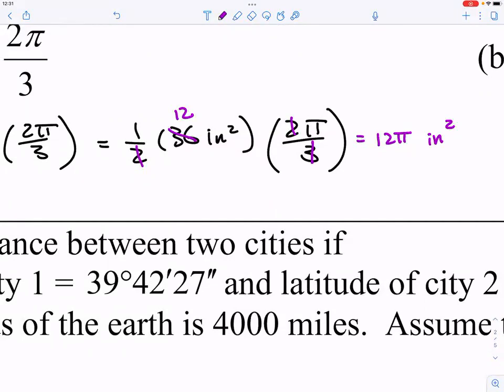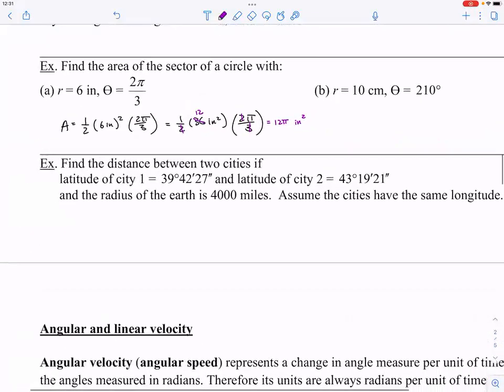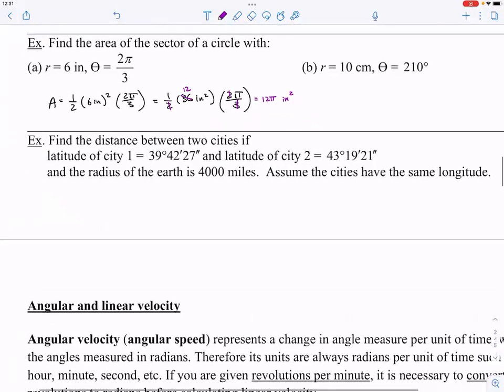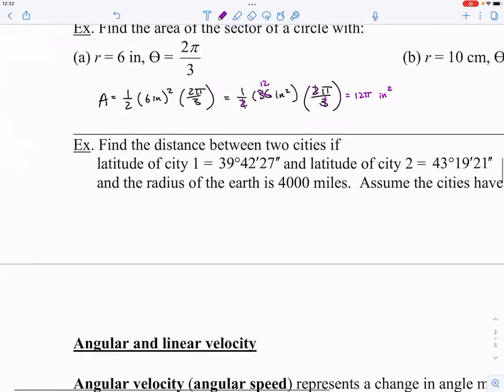Now, don't get too much discomfort because of the pi. Pi is just a number. So what we're saying here is the area is roughly 36, 37 inches squared. Okay. All right, now let's go ahead and look at the next question down right here.